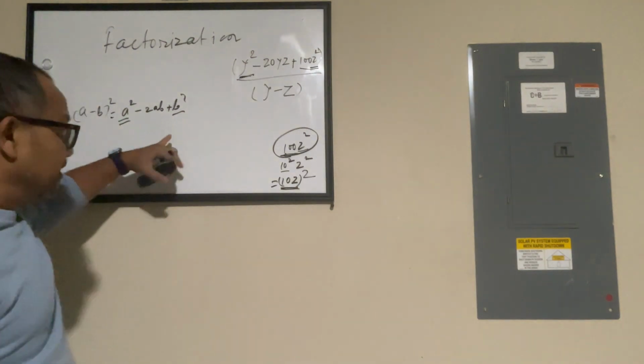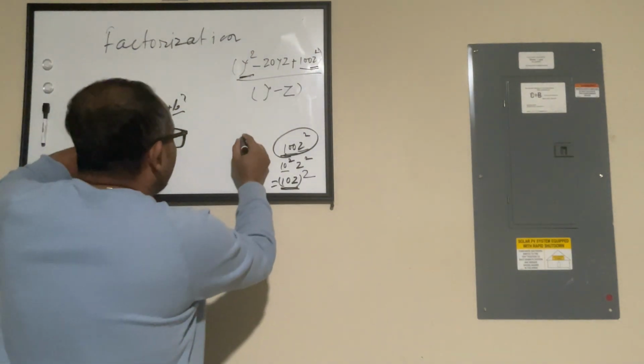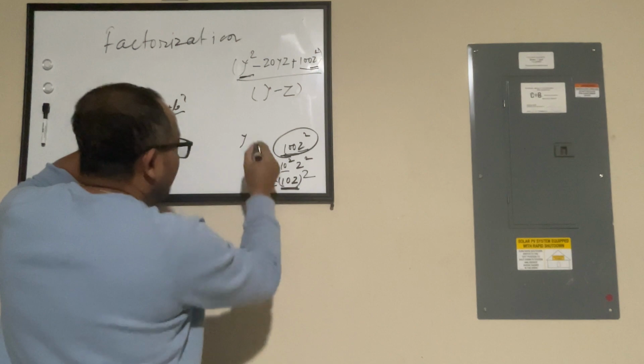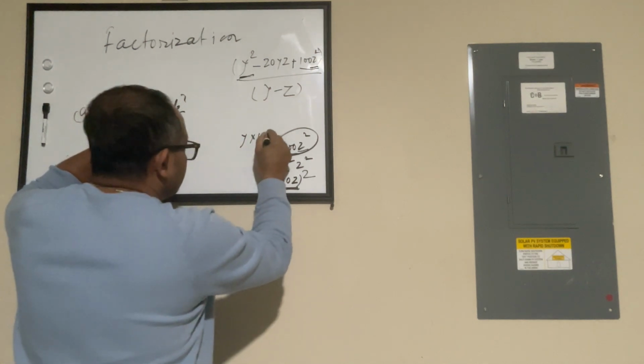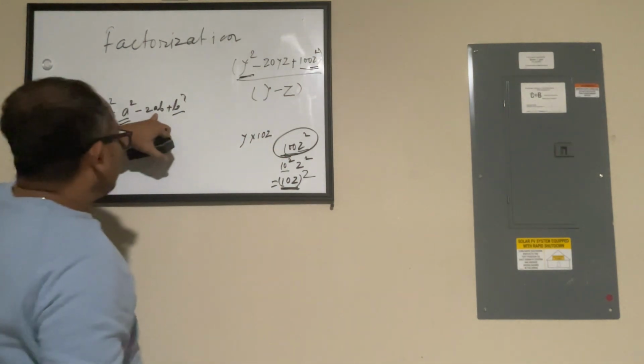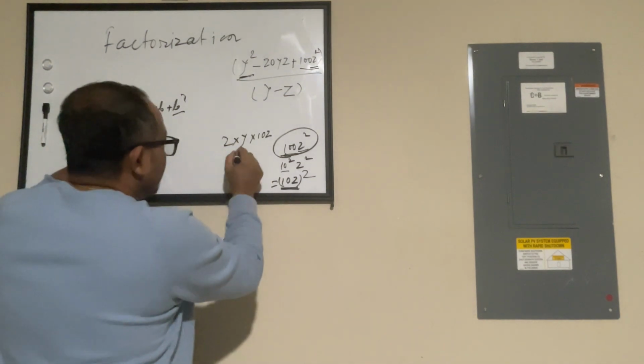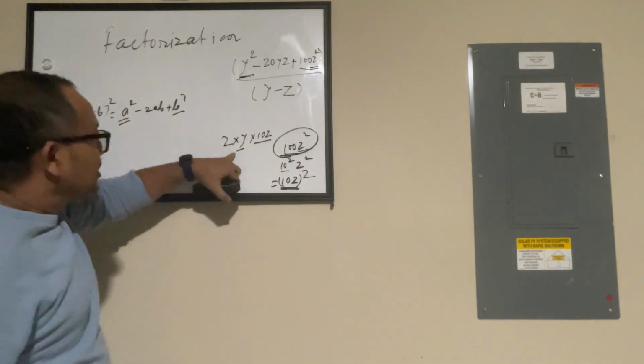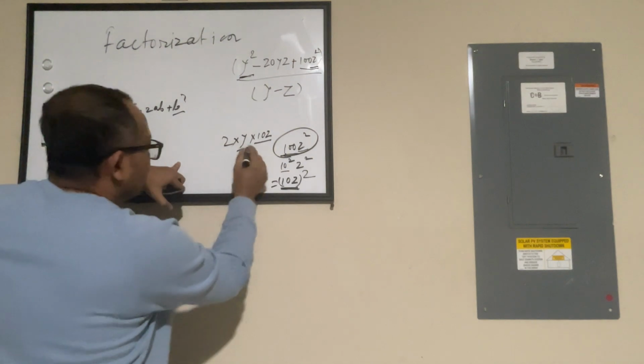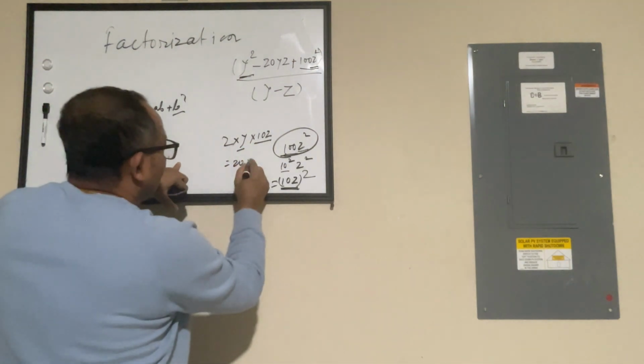Now instead of a, I have y. Instead of b, I have 10z. 2ab, so 2 into a into b. So this is 2 into 10, 20yz.